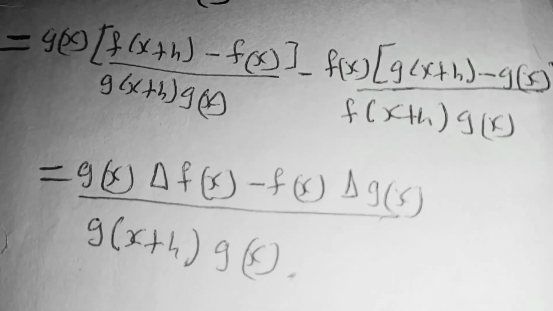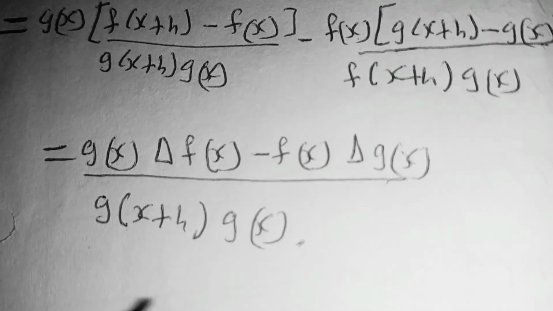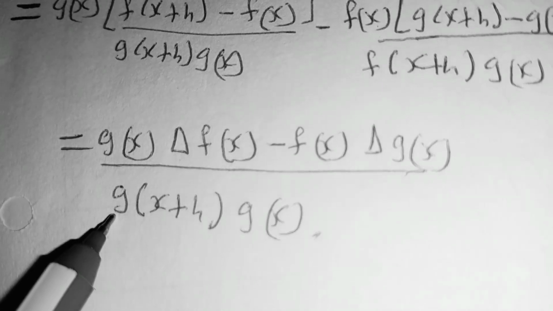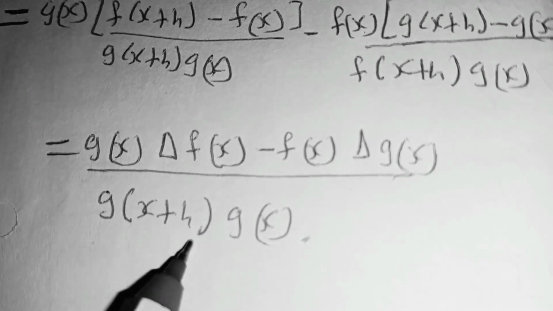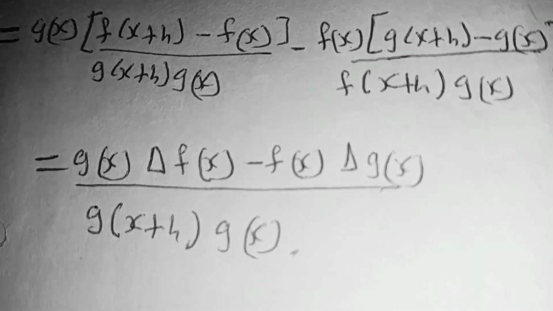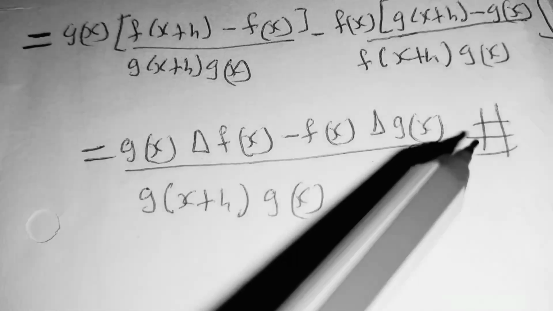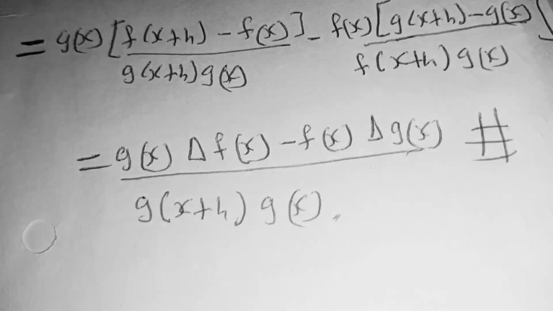Then we divide by the denominator, which is g of x plus h multiplied by g of x. And this is the end of our proof.